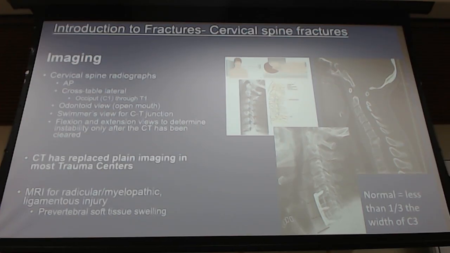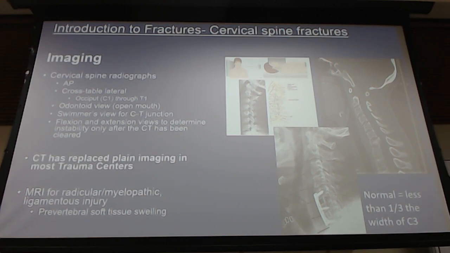A cross-table lateral allows you to see from the occiput through T1, right? Some of the other special views, like the odontoid view, right? You guys cover this in radiology? Okay, so we're not going to spend a lot of time with it. That's the open mouth view. You've got the swimmer's view for the cervicothoracic junction, and then flexion extension views, right?